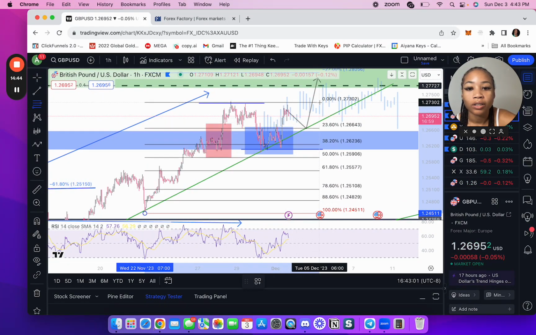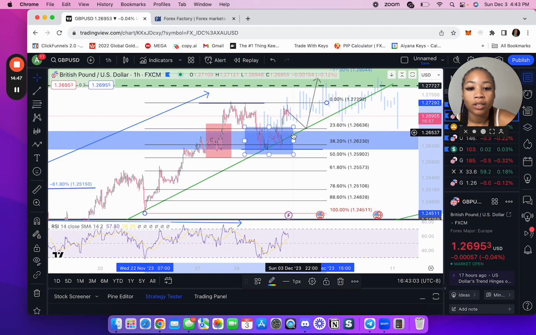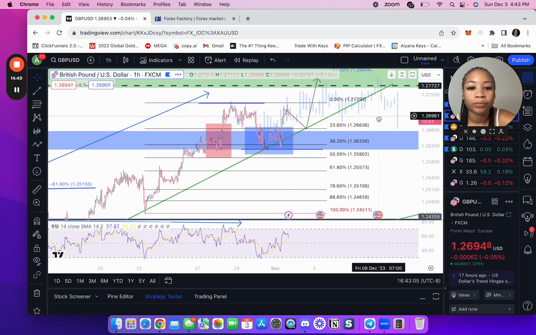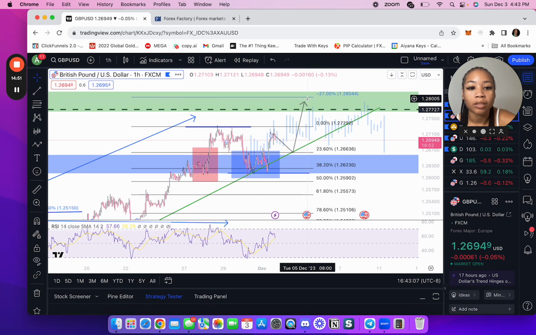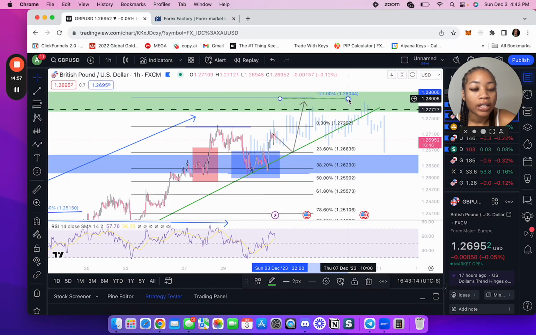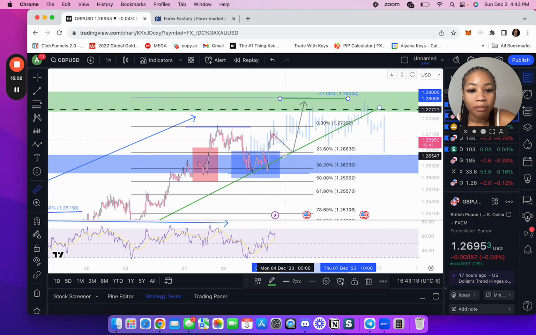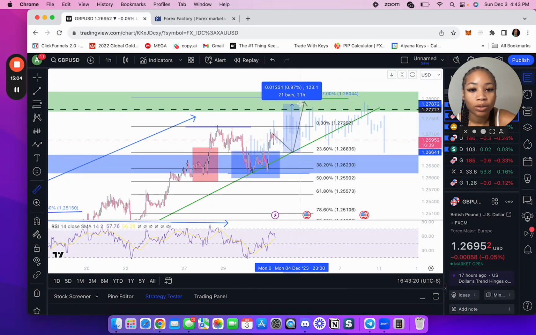This point to point B, 38.2, and take it up here to TP1 of that 1 hour, which is 1.28005, and that'll be about 135 pips.